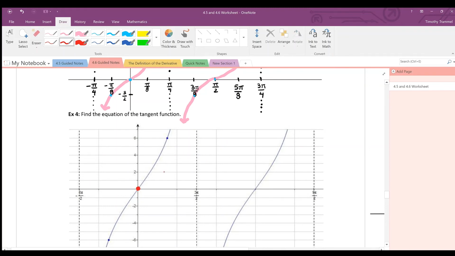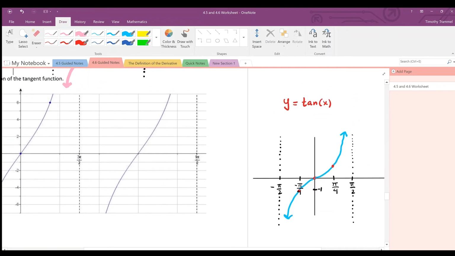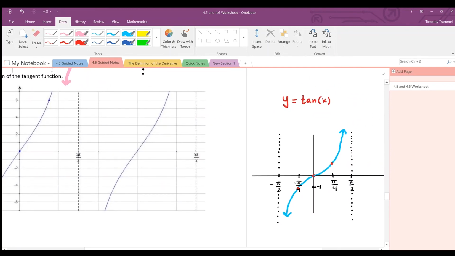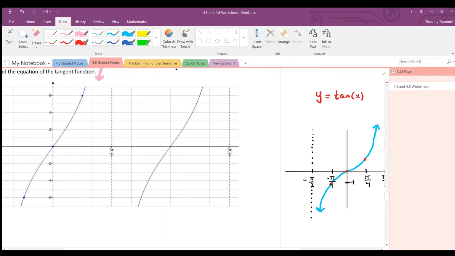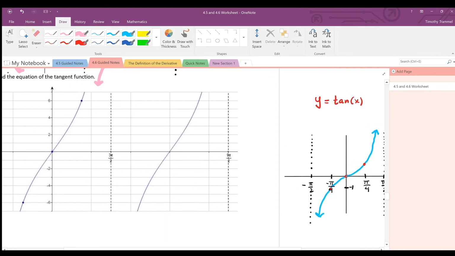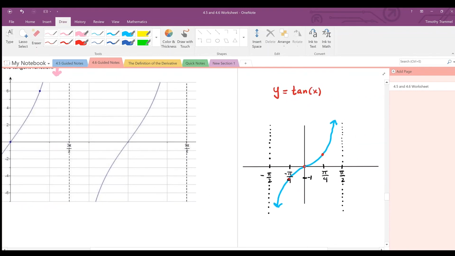Okay. Now, that being said, let's get started. Let's try and write this. And I have tangent actually right here. Okay. And you can see it does look quite a bit alike. But you can see that the period's going to be a little bit different. Maybe the amplitude as well.